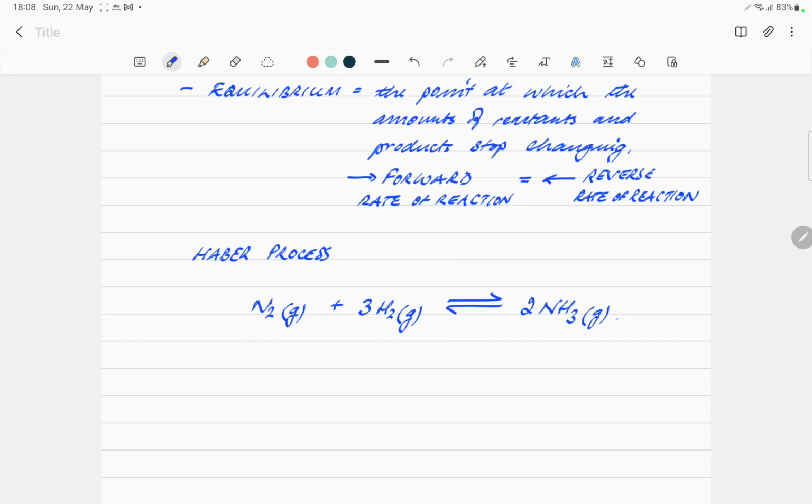So this is exothermic, and that means it gives out energy in the form of heat during the reaction.